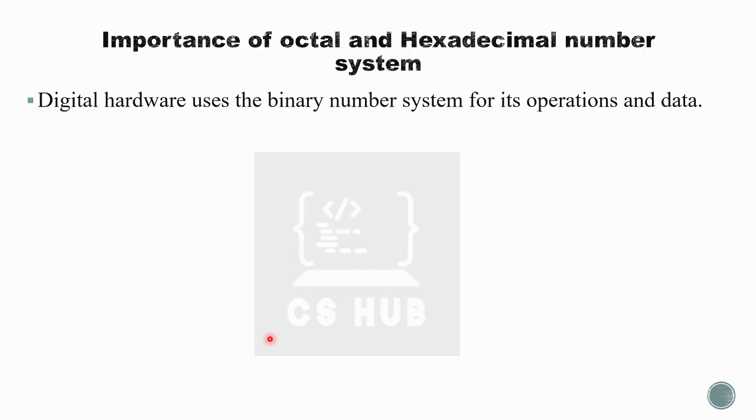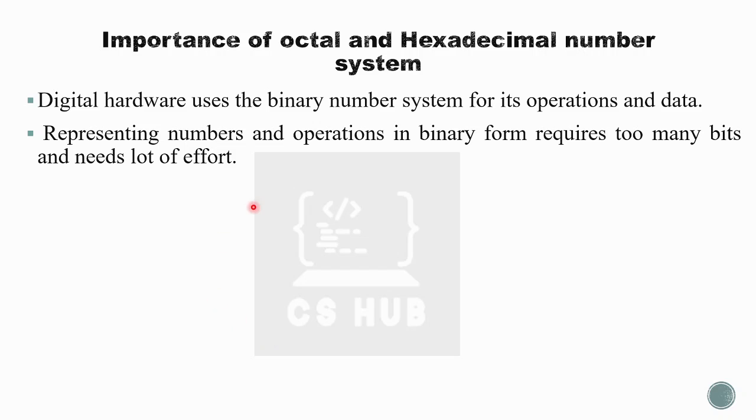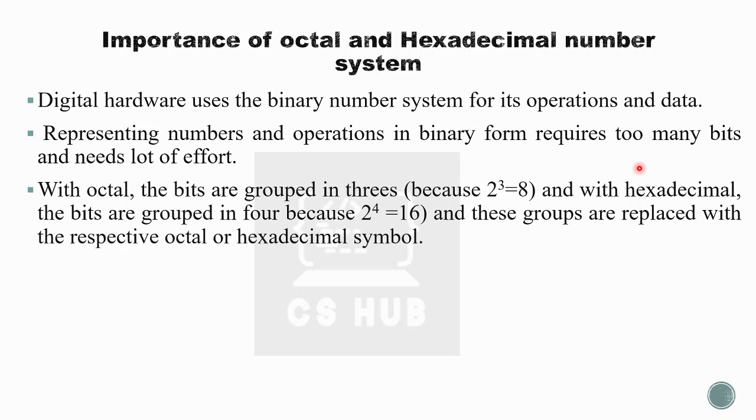Digital hardware uses the binary number system for its operation and data, but representing the numbers and operations in binary form requires too many bits and needs a lot of effort. So writing all these operations and numbers in binary, that is the sequence of zeros and ones, requires too many bits and also lots of effort. Here octal and hexadecimal are somewhat simpler than the binary number system, because with octal the bits are grouped in threes.